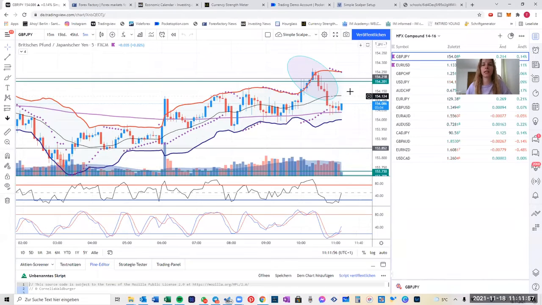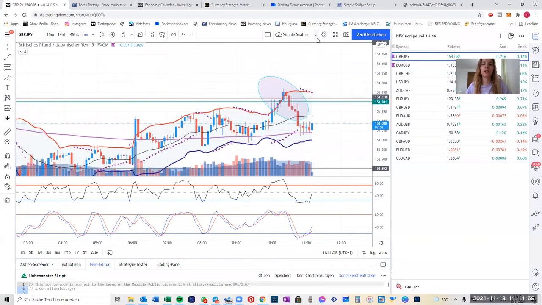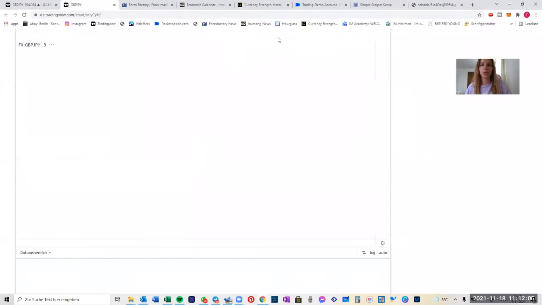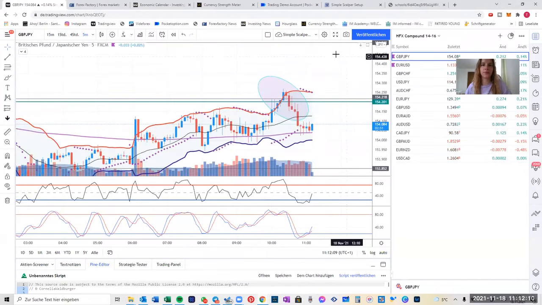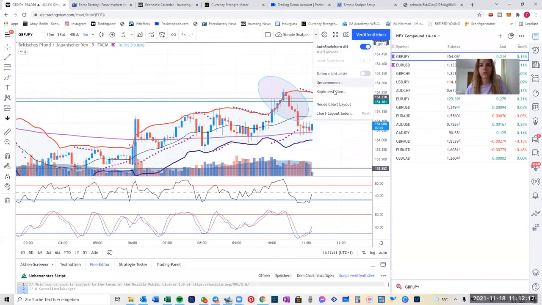So we have our setup. What I'm doing today is I make a new chart layout, just first to start.